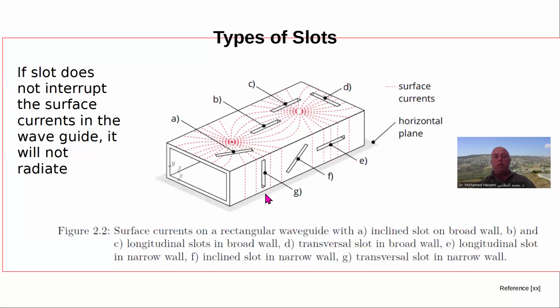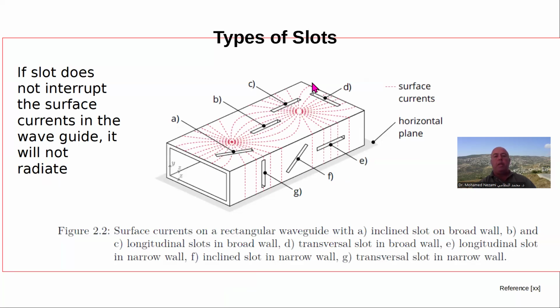Now, this one will radiate, but the placement of this is not good. You want to place it here where there's current flow. So this will radiate, this will radiate, this will radiate, and this will radiate, okay? So if a slot does not interrupt the surface currents in the waveguide, it will not radiate.